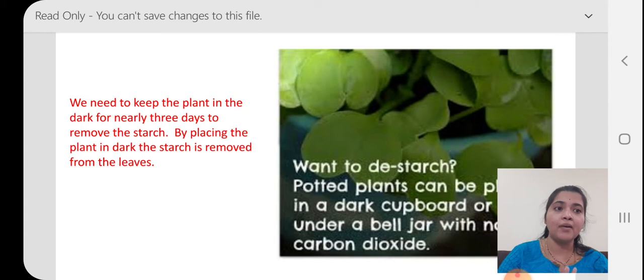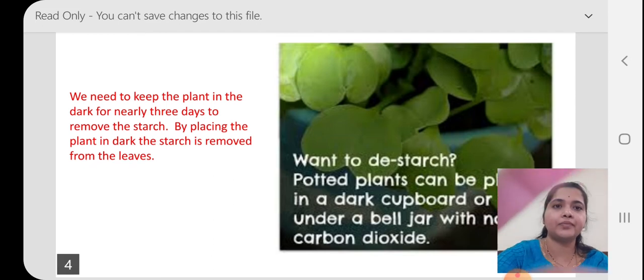Again, when this whole apparatus is kept in the sunlight, will it be able to perform photosynthesis again, and will it give starch or not, that we are going to observe. That is the reason we have to destarch, and this is the process of destarching the plant, removing the starch by keeping it in the dark.